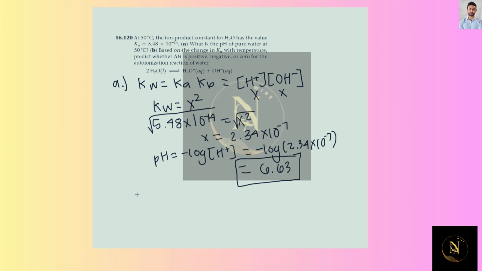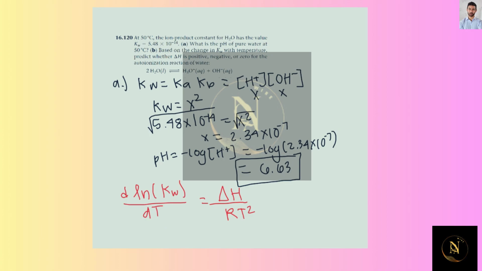The van 't Hoff equation is the derivative of ln Kw with respect to T, which is equal to delta H over RT squared. What it's really saying is that whenever you take the natural log of your Kw, it changes in proportion to your delta H.